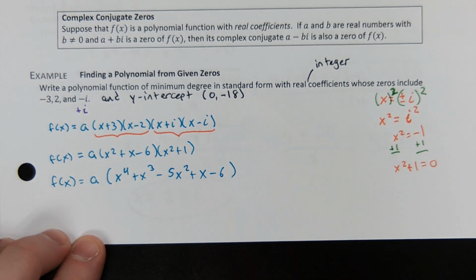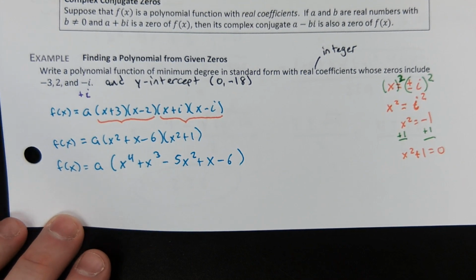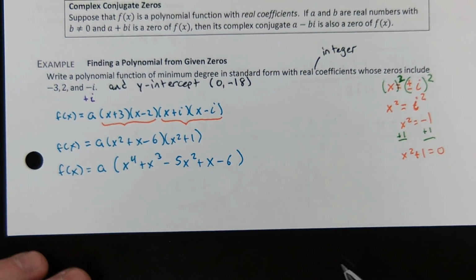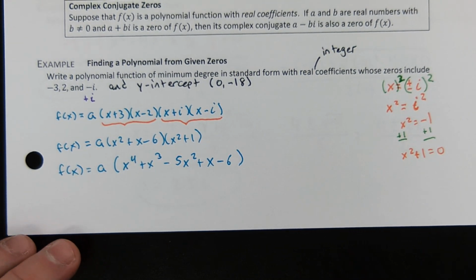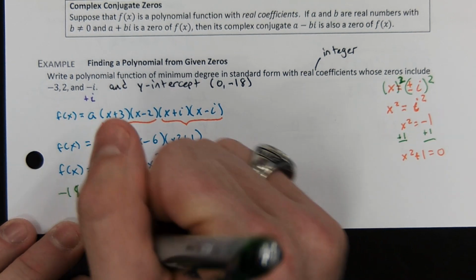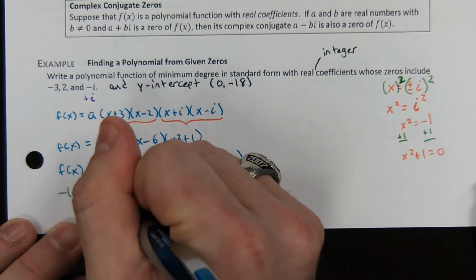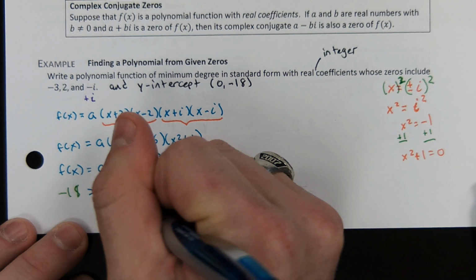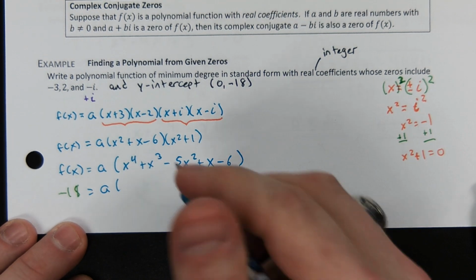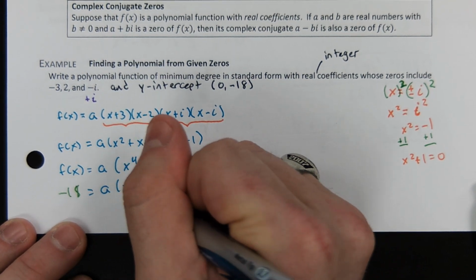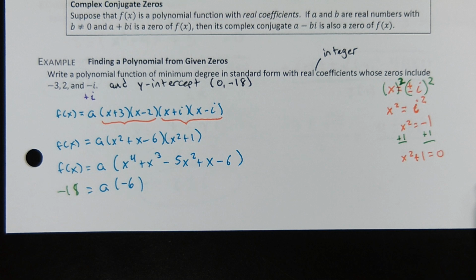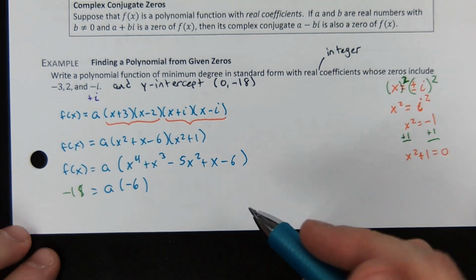You needed it to be negative 18. So basically what happens is you go, okay, negative 18 equals a, and then you throw a 0 in for all of those things, and what you get is a negative 6. So what does a equal? Just positive 3.